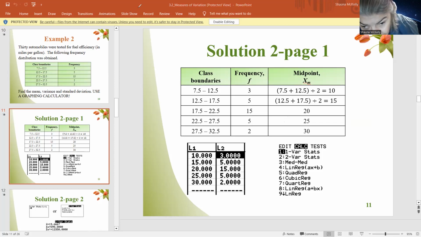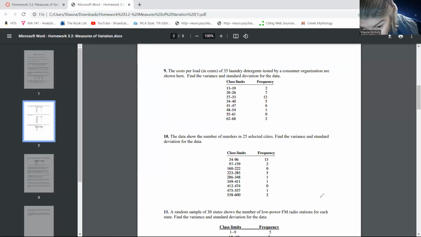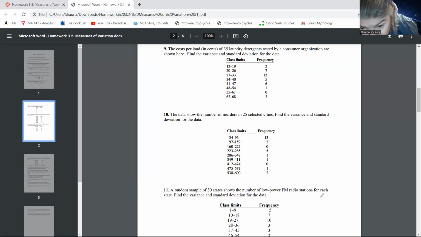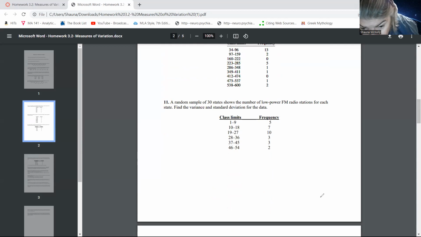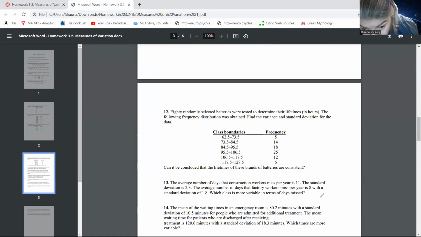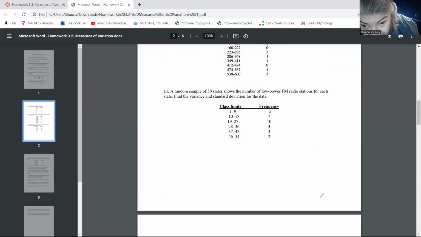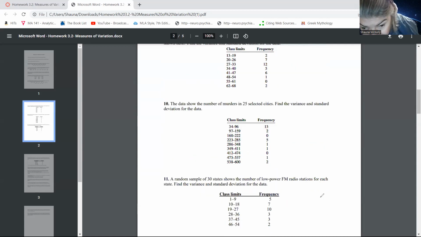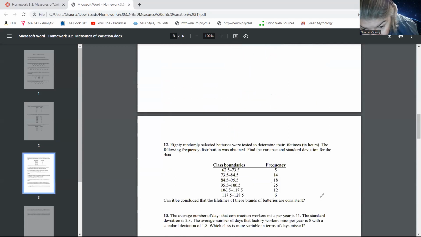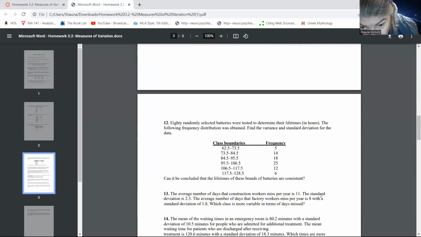So if you go to number 9, numbers 10, 11, and 12 will be similar. All of those are grouped data. 9, 10, 11, and 12 will all be similar. What I need is the midpoints.